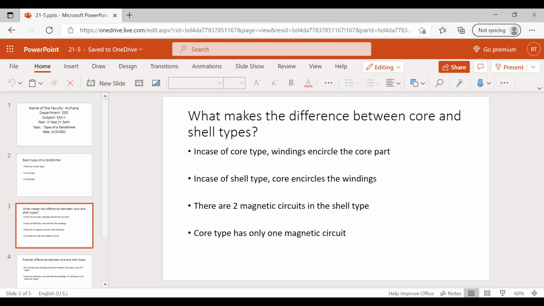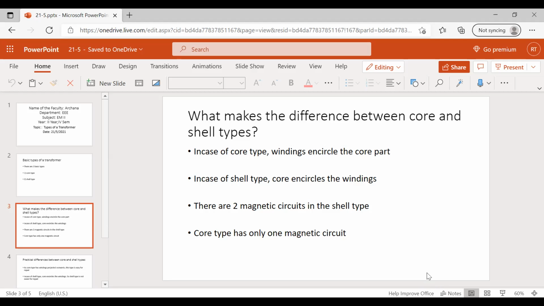And what is the shell type of transformer? The shell type of transformer is the one where the core is encircling the windings. That means the core part is visible from outside. You cannot see the windings from outside in case of a shell type of transformer. Whether it is core type or shell type, there should be a common flux called the mutual flux.